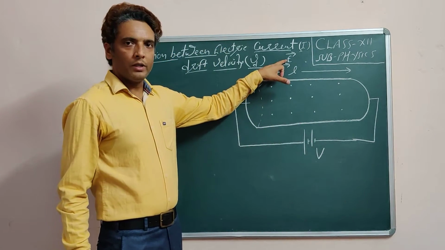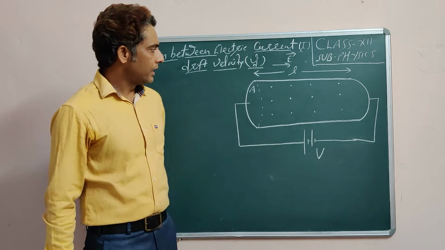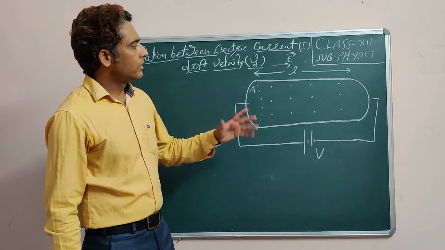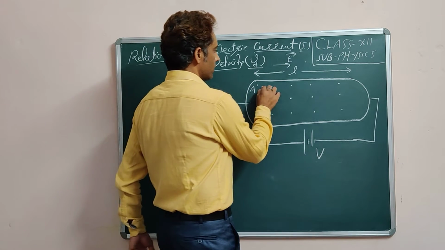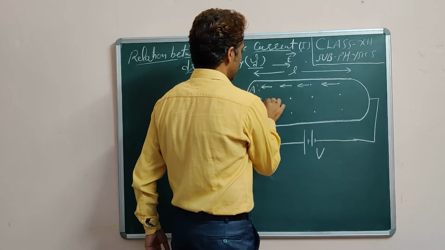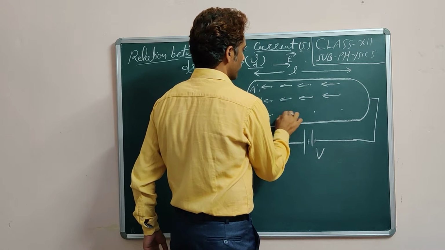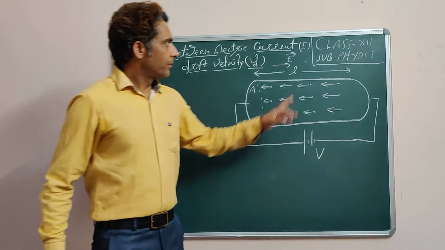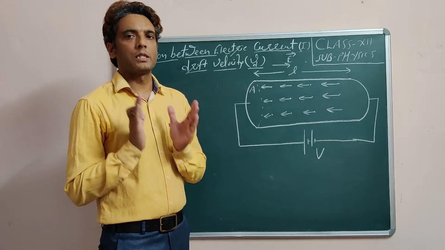Now due to this electric field, the random motion of the electrons gets modified and they attain a small drift velocity, due to which there is a flow of current through the conductor. So these electrons start moving toward this side. Although the magnitude of drift velocity is very small, actually in the presence of an electric field, electrons experience force, meaning they should be accelerated.